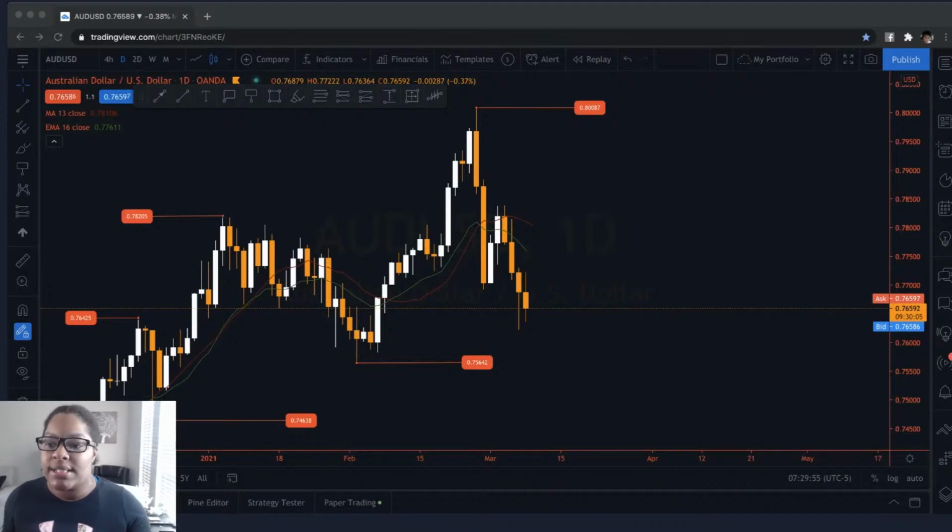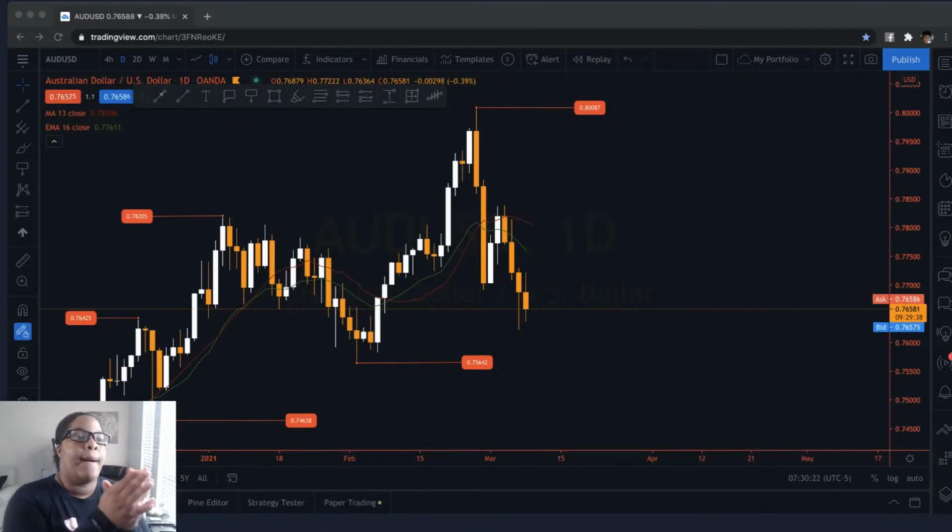So what we want to see here now is, how is it going to stay above? Now, for some of you guys, you may be using support or resistance. Some of you may be using trend lines or whatever it is that you're using. This is the time when you want to bring out your market structure, and start plotting your structure to see where you want to enter the trade. But before you enter the trade, here's what I want you to do. I want you to take a position, meaning don't enter the trade yet, but take a stance.